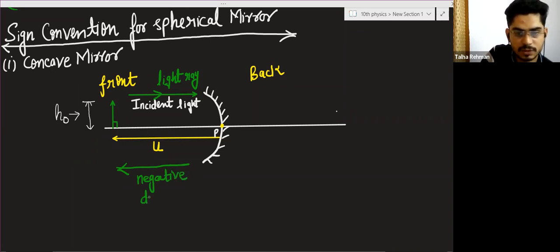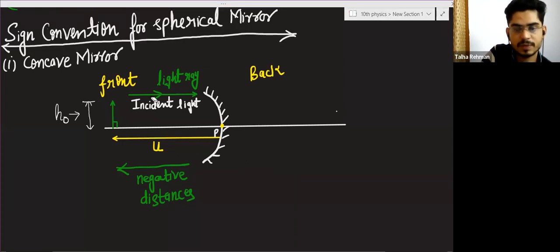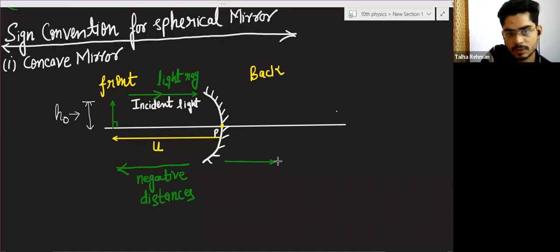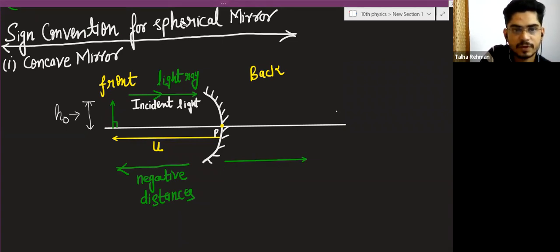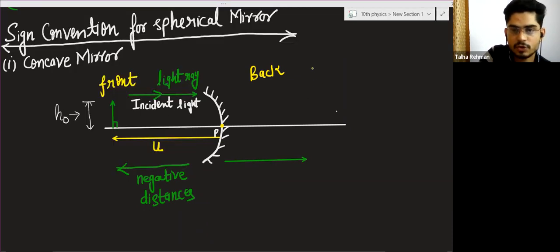And if you are measuring the distances in this direction, this is the line perpendicular to the principal axis. For example, here is the image of the object.